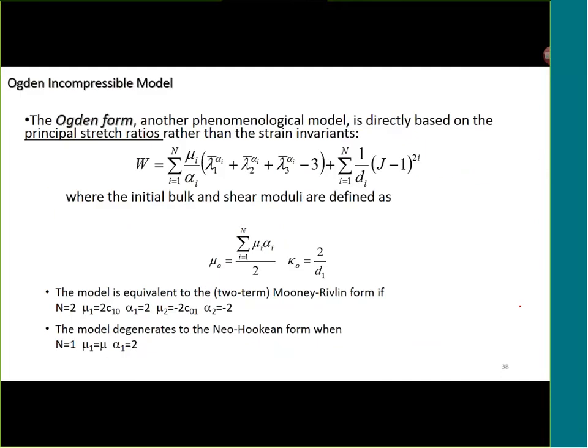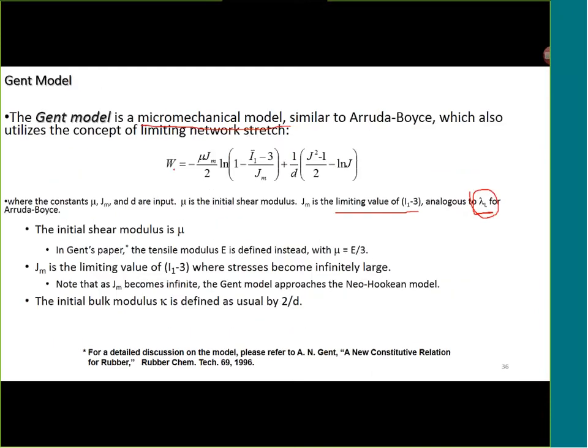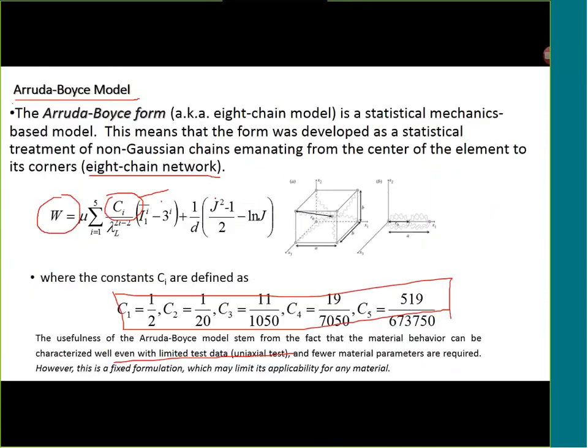Let's look at another form that is called Ogden form. The difference of this Ogden form is that in all the previous forms we have seen, the strain energy function is written in terms of the invariants.